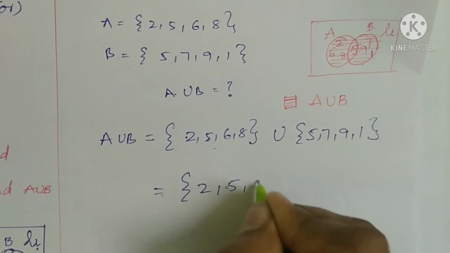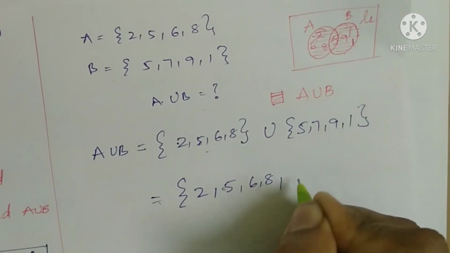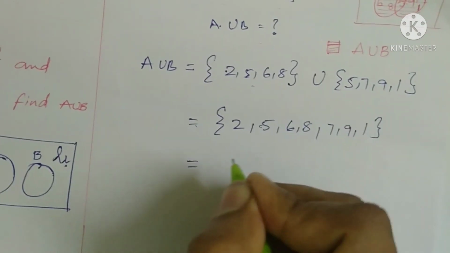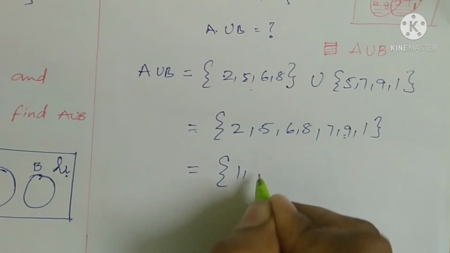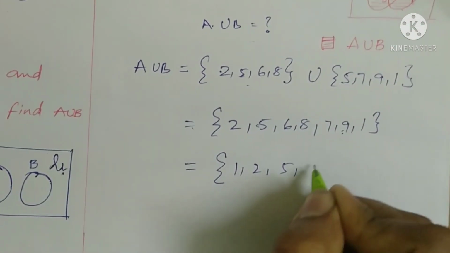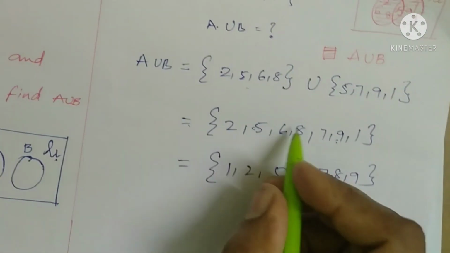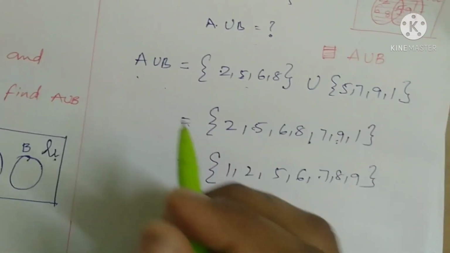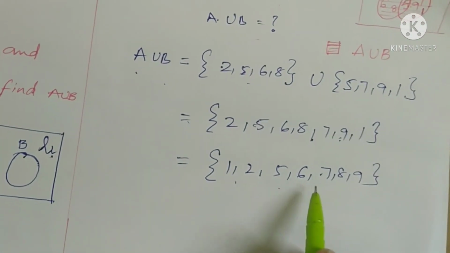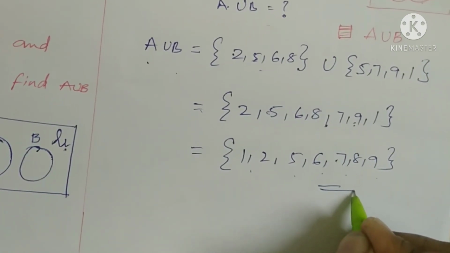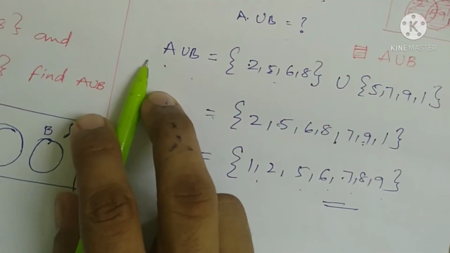So 2, 5, 6, 8, 7, 9, 1. After proper arrangement, A union B equals 1, 2, 5, 6, 7, 8, 9. This is the final result of A union B.